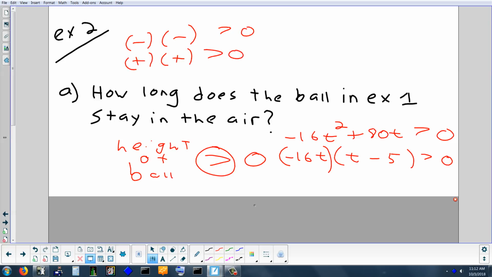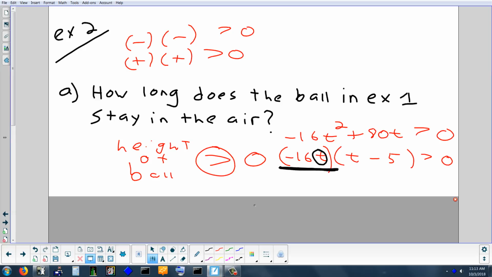Okay, we've kind of done this reasoning before. Only one of these makes sense here. Think about t. T is time. So t is guaranteed to be what kind of number? Positive. T is always a positive number. Well, if t is always positive, because it's time, and you take a positive number times negative 16, what does that mean this is always going to be?